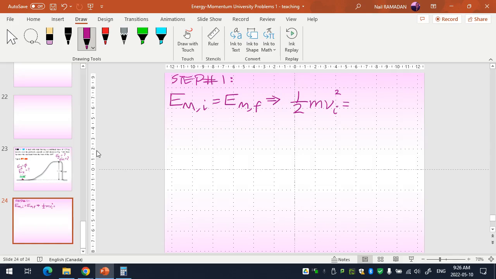Technically, how many energies do we have right before they jump? 2. EG from elevation and EK from still some speed left. So here would be mgh plus half m v final squared.